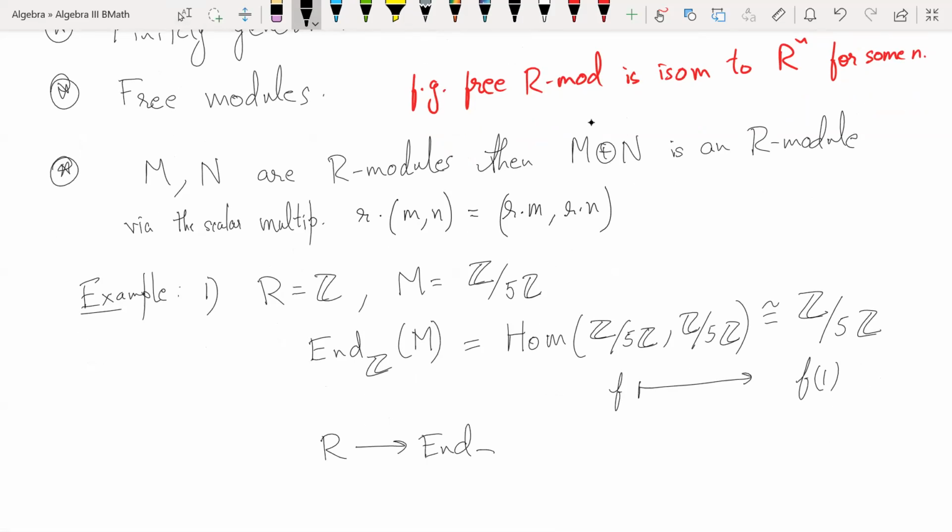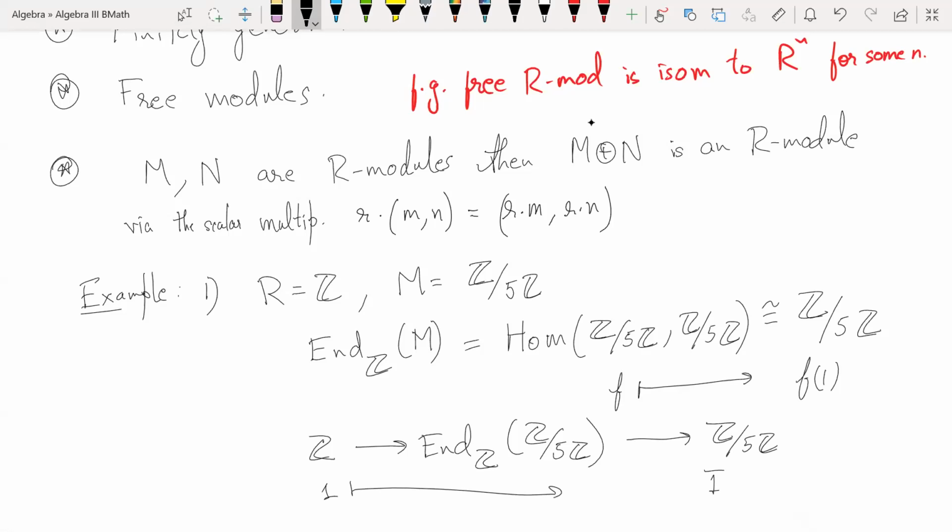End of Z/5Z, or maybe I'll just write it this way, Z to Z/5Z. So where does this go? Maybe compose this map. You can check that 1 goes to 1 bar here.